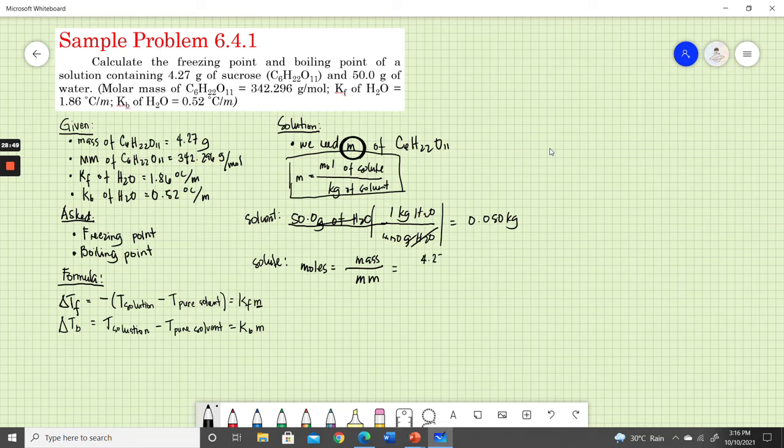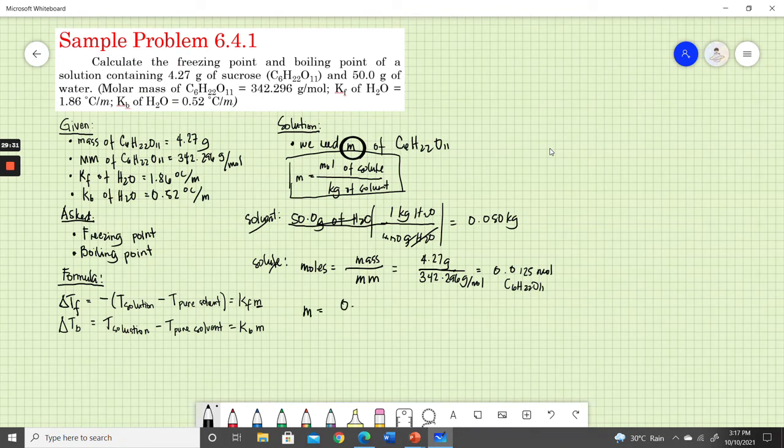So the mass of solute is 4.27 grams divided by the molar mass, which is 342.296 grams per mole. And just using a calculator, you would get 0.0125 moles of C12H22O11.